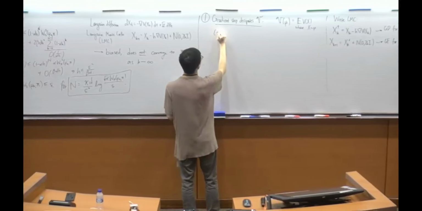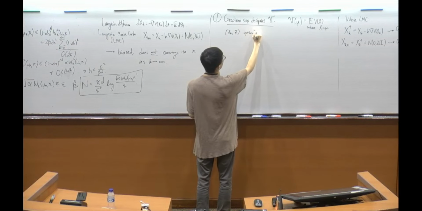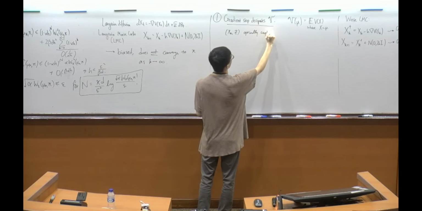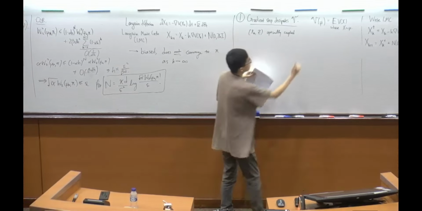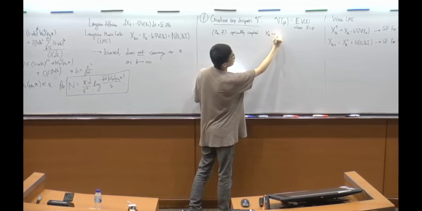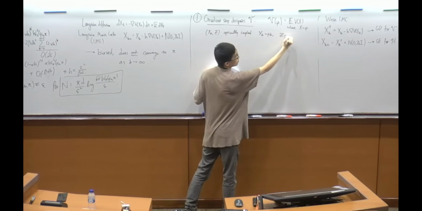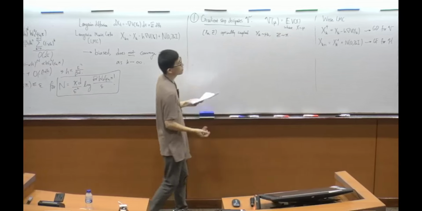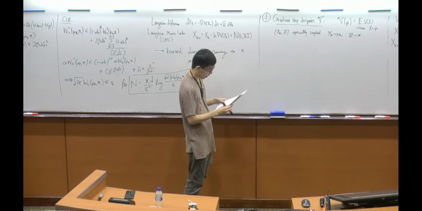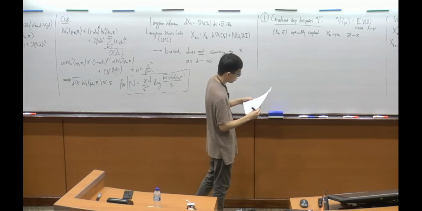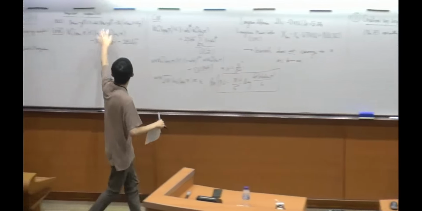Let's say X_k and Z are optimally coupled for the Wasserstein distance, where X_k is my iterate at time k, and Z is a draw from my target distribution pi. Now I'm just going to apply this EVI inequality.